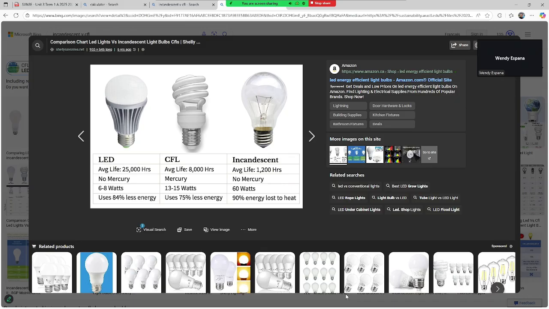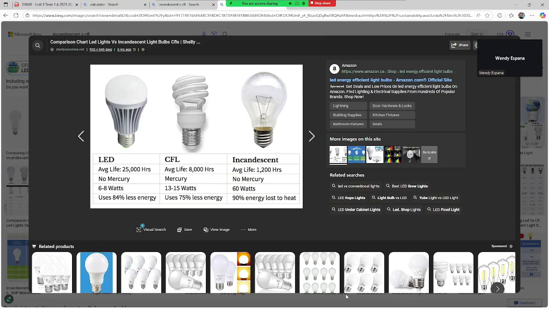In the middle is the CFL light. It has an average life of about 8,000 hours. This one says it contains mercury, so we'll have to check into that. It uses only 13 to 15 watts, and it uses 75% less energy than the incandescent. Those CFL lights are the ones that you see a lot today.